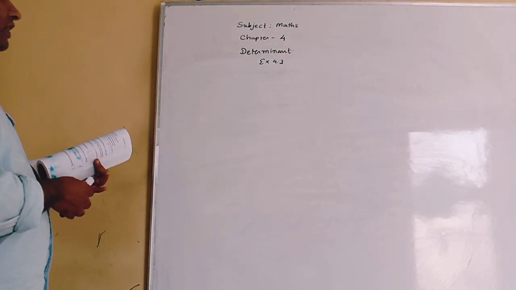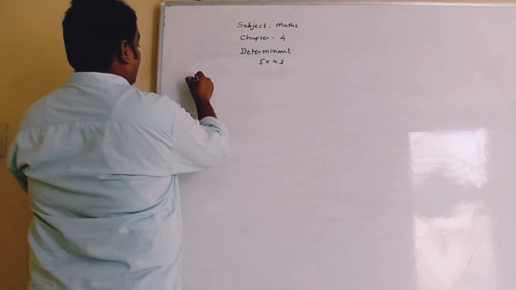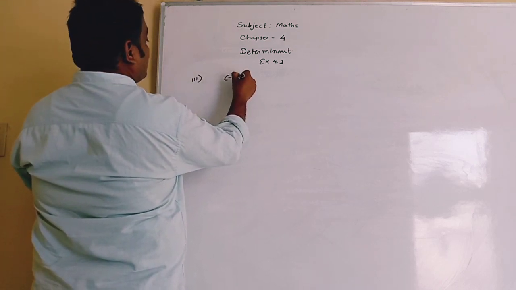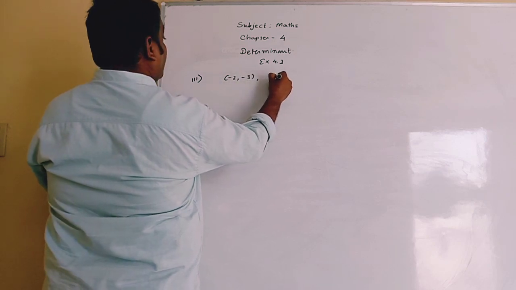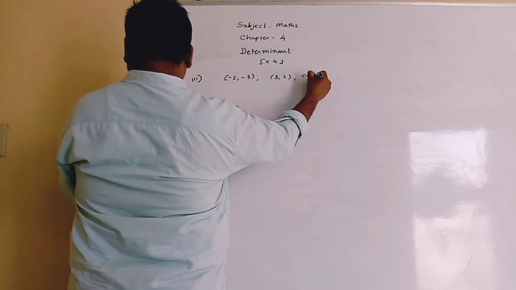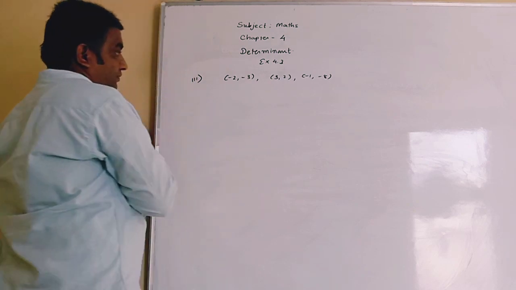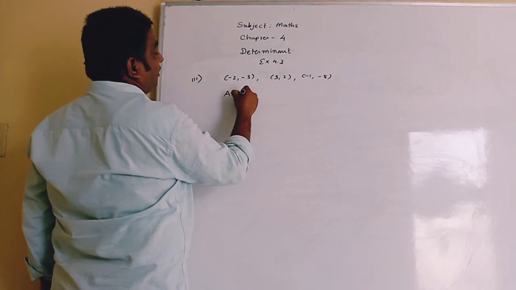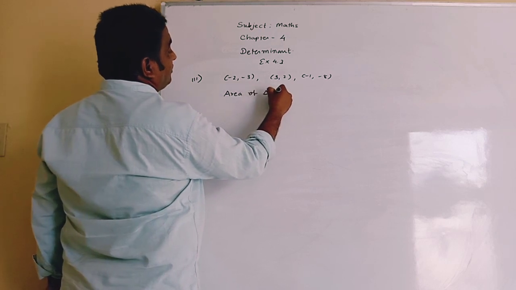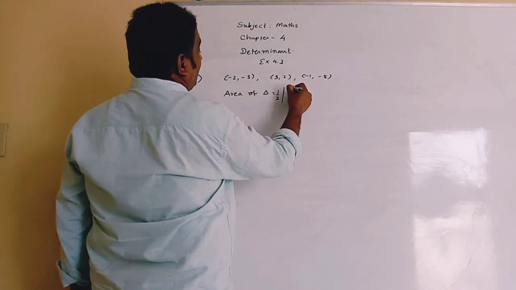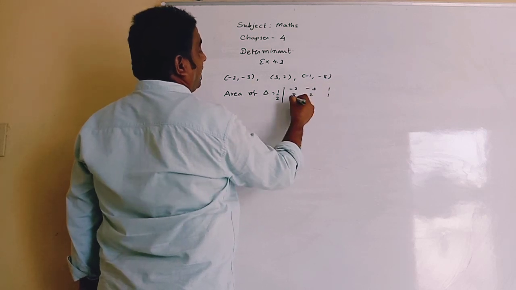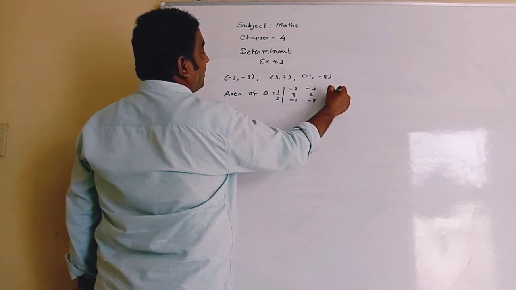Now the third question is given, with points (minus 2, minus 3), (3, 2) and (minus 1, minus 8). So area of triangle we can find as 1 by 2 into the determinant minus 2 minus 3 1, 3 2 1, minus 1 minus 8 1.